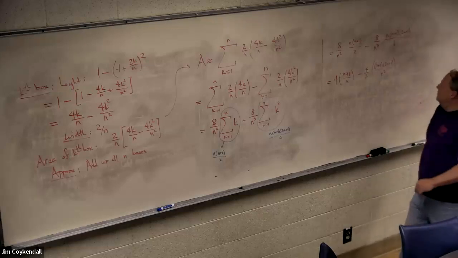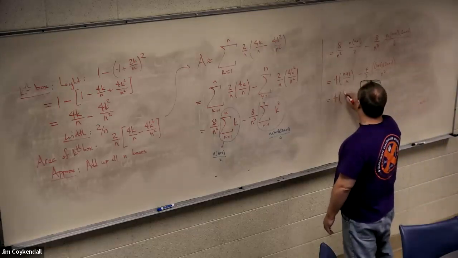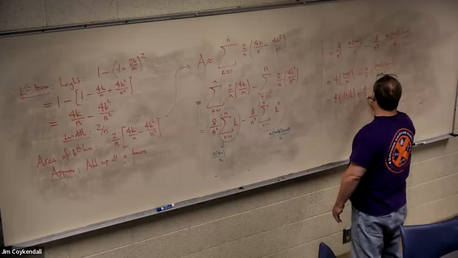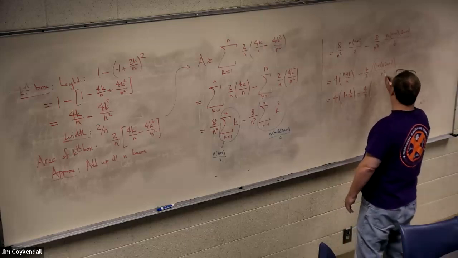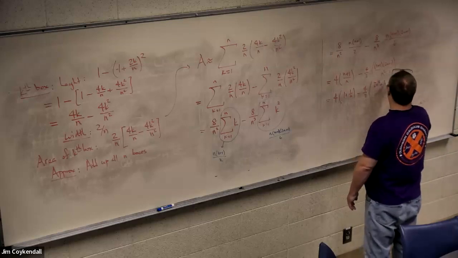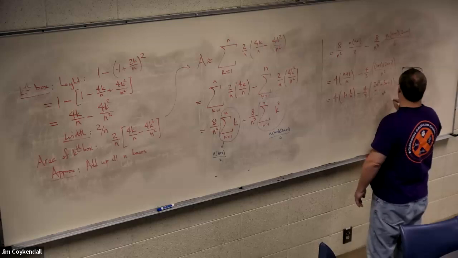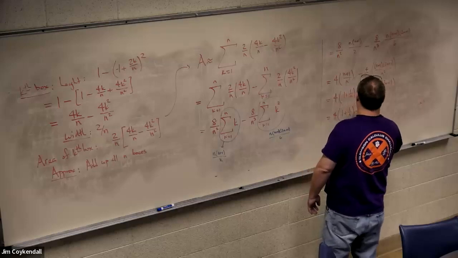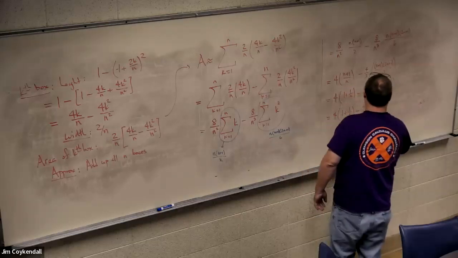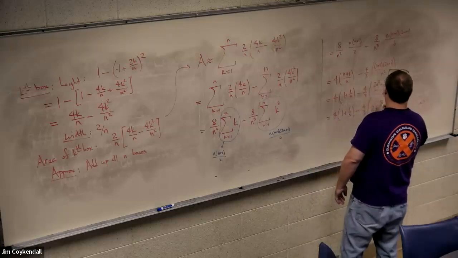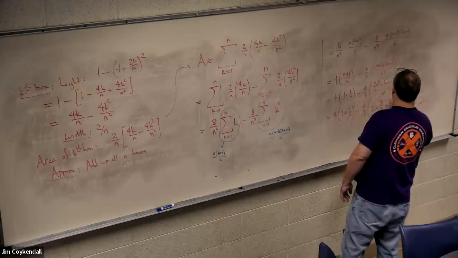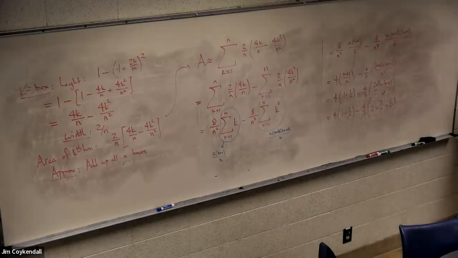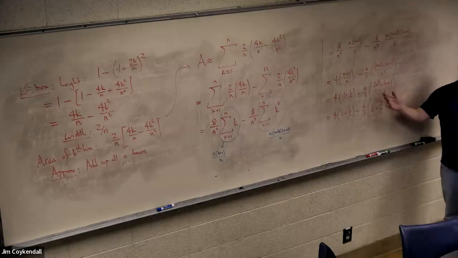By the way, this is 4 times 1 plus 1 over n, minus 4/3 times 1 plus 1 over n times 2n squared plus 3n plus 1 over n squared, so 2 plus 3 over n plus 1 over n squared. And I didn't do anything here except manipulation.